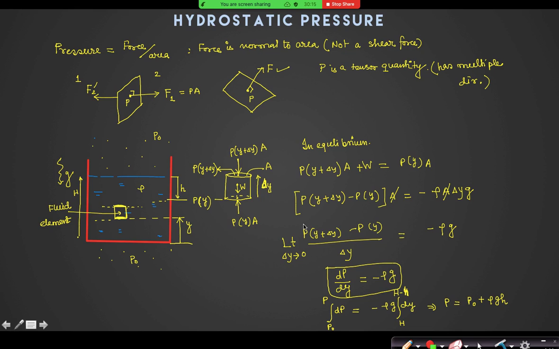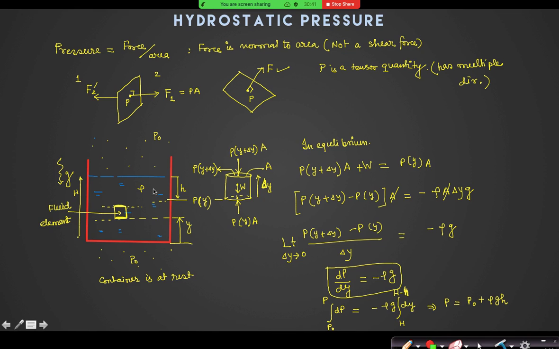Have you understood this entire discussion? Here the container is at rest. Yes, tell me. Sir, can we consider the y from the surface also? Also you can consider, no problem. If you consider y from the surface and dy, then dy and y should have the same direction.